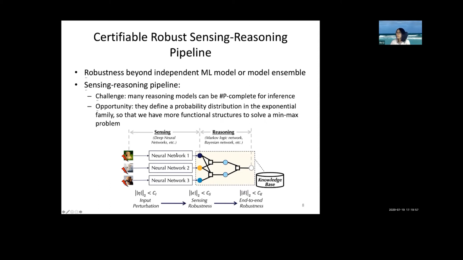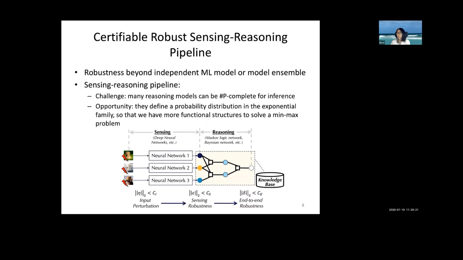So in this sensor reasoning pipeline, the goal is to promote a generic sensor reasoning pipeline, which can contain sensing components. On the left-hand side, you can view it as a bunch of neural network models, or it can be other machine learning models, logistic regression, decision tree, whatever machine learning or statistical machine learning model it is.